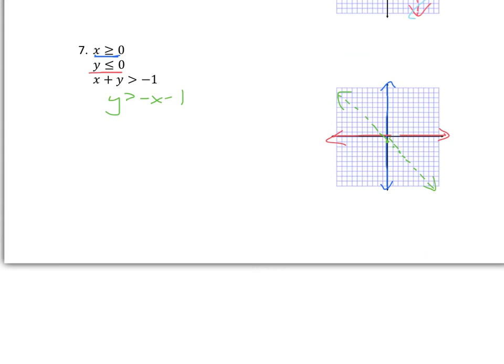Okay, good. We got the nice dotted line, and we're shading above that one. So hopefully you can see here that the part we need to shade is below the red line, to the right of the blue line, and above the green line, which means that purple stuff is the correct answer.